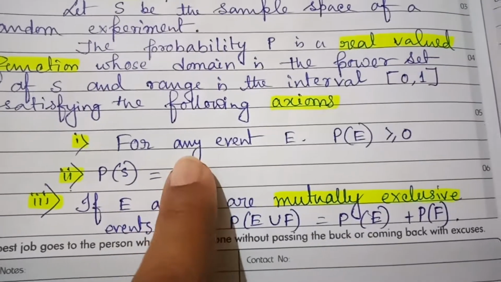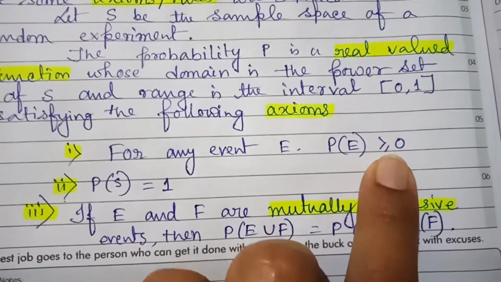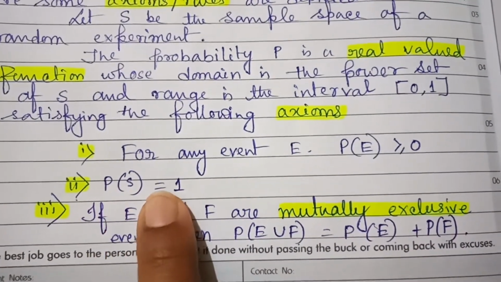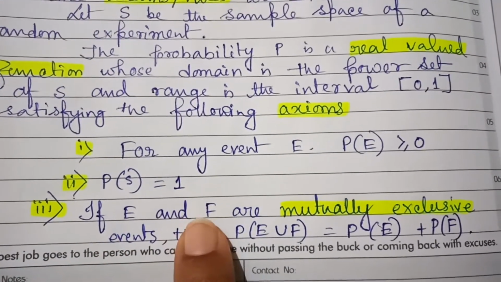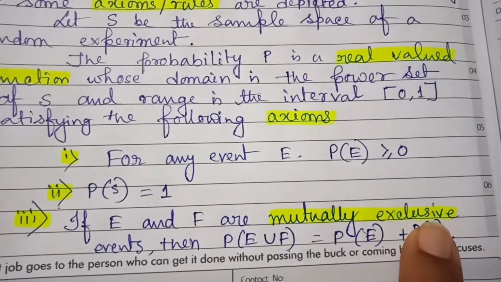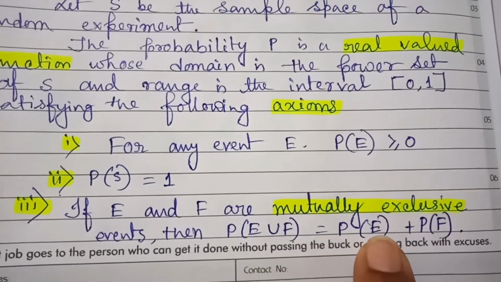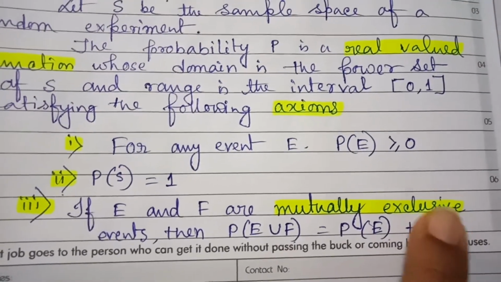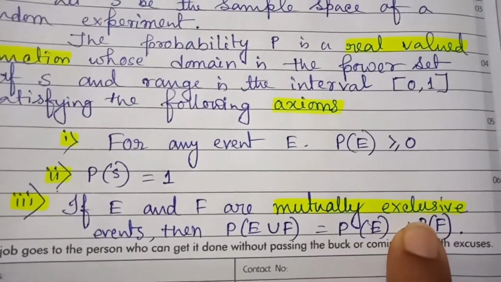That is, for any event E, P(E) is greater than or equal to 0; P(S) equals 1; and if there are two mutually exclusive events, then P(E union F) will be P(E) plus P(F). But for this, we need to have two mutually exclusive events.